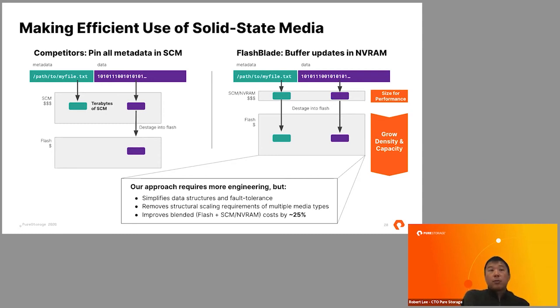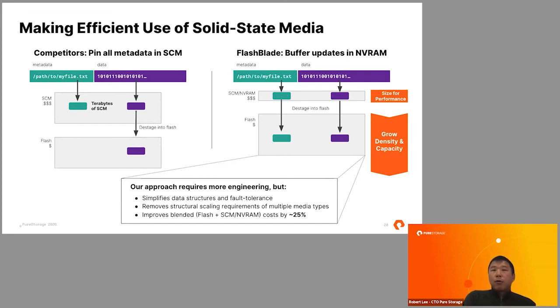We chose to do the hard engineering work up front, build the data structures that I walked you through, build the transaction engine, the processing engine, the parallelization engine on flash-based structures and media, using only our NVRAM for write buffer.